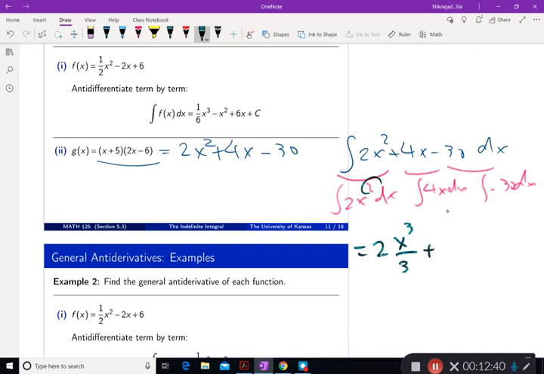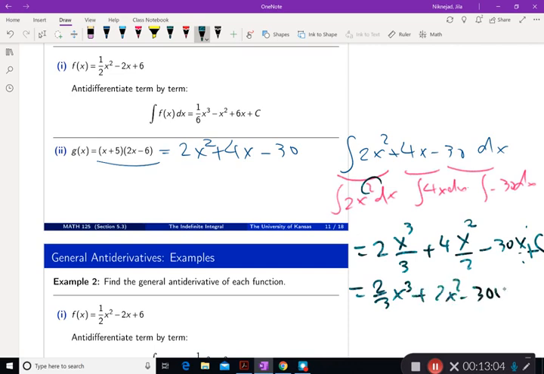Here again 4 is the coefficient, undoing the derivative, so I go to power 2 divided by 2, and then minus 30, undoing the derivative, x to power 1 over 1, and plus c, so it will be general form. 2/3 of x to the third plus 2x squared minus 30x plus c is the answer.